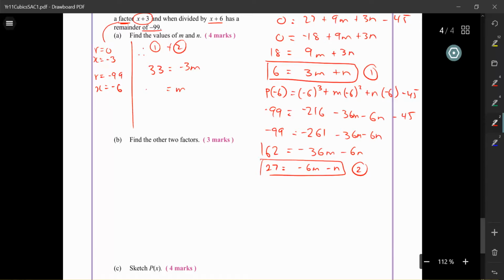So therefore, m equals negative 11. Okay, now if m is equal to negative 11, you can figure out n. I'd sub it into equation 1 just because it has no negatives. So that'll be negative 33. n will equal plus 33, so 39. There you go. Cool.